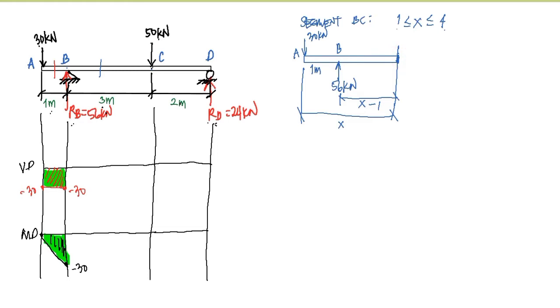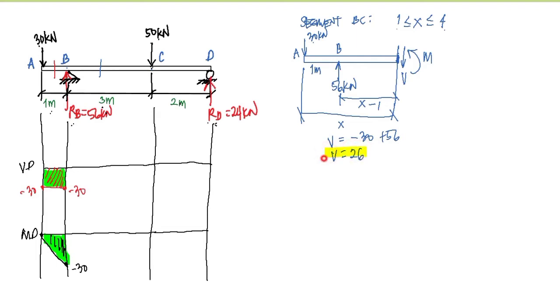So here at the section, we have here the shear and we have the moment. Now for the equation of the shear, V is equal to 30, that's downward, so it's negative. 56 here is upward, so that's positive. And V is equal to 26 kilonewton.